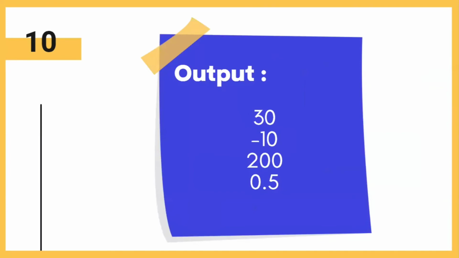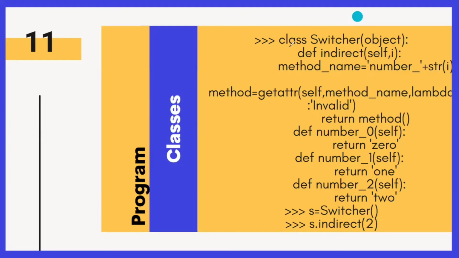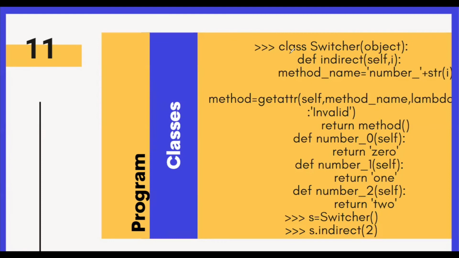So here, unlike the other two methods, we are going to create a class which defines the switch method. Now it will take i as an argument, convert it into a string and append it to number underscore literal. After that, the resultant string gets passed to the getattr method.